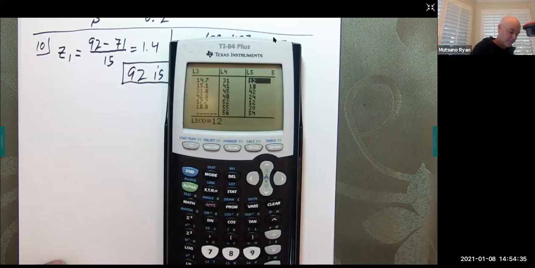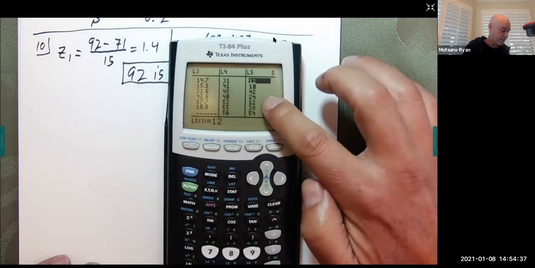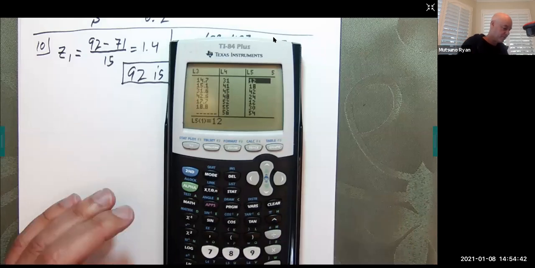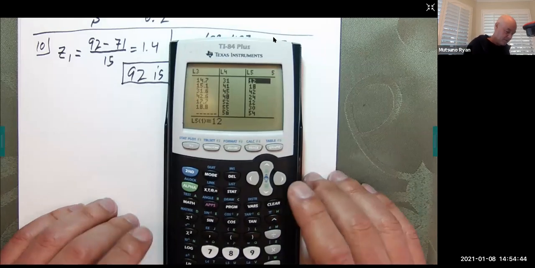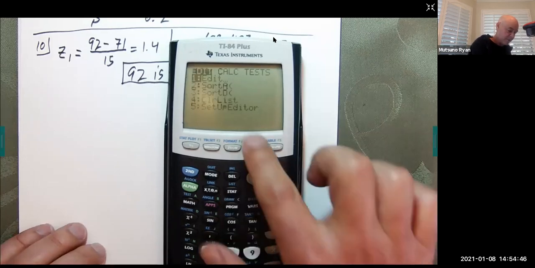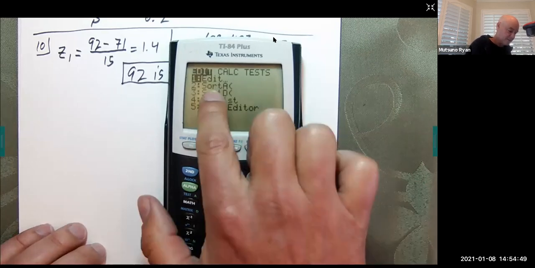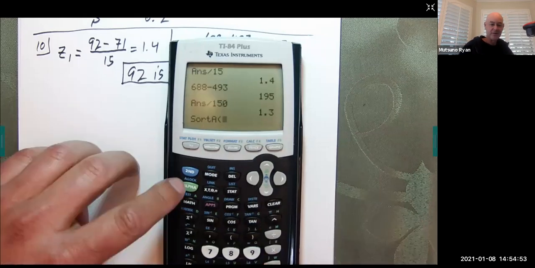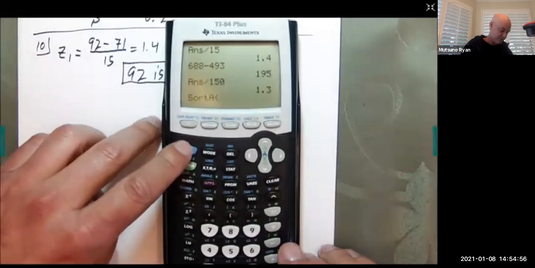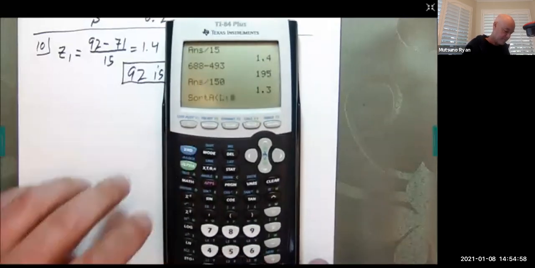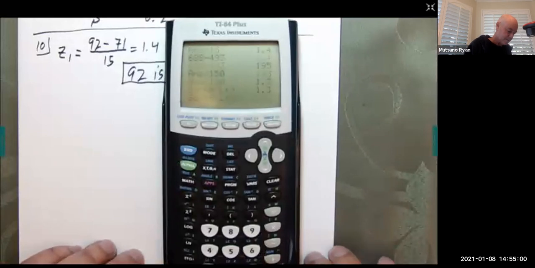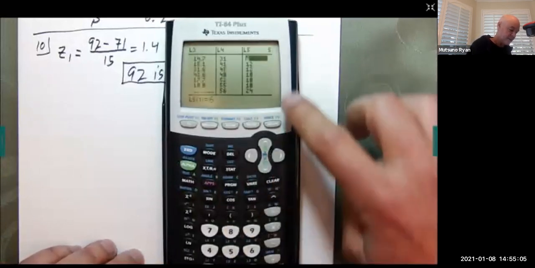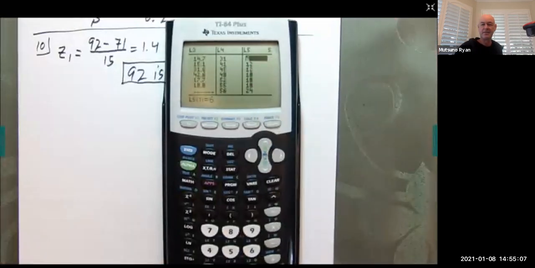I'm in list 5, pardon me, and what I need to do is put list 5 in order. So I'm going to do stat, and sort in ascending order, and I'm in list 5, which is above 5 here, L5. And now I can go back into list 5, and you can see it's now in order. Yay.